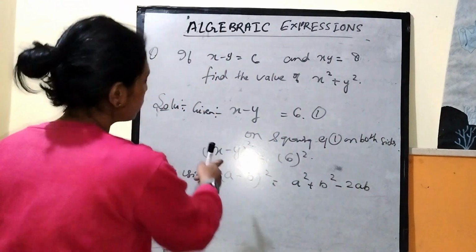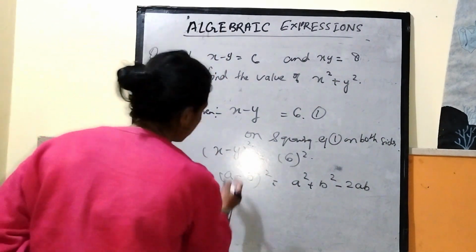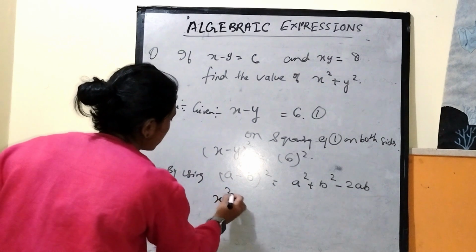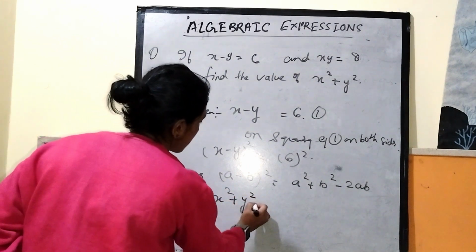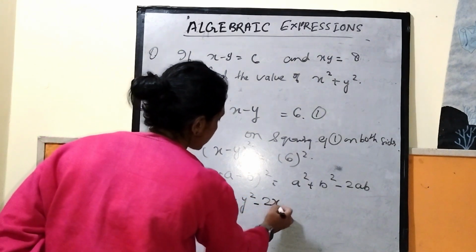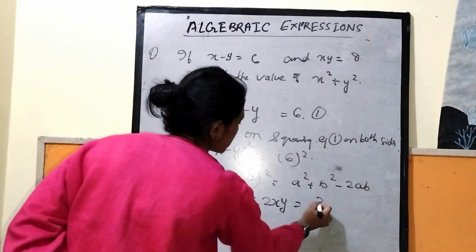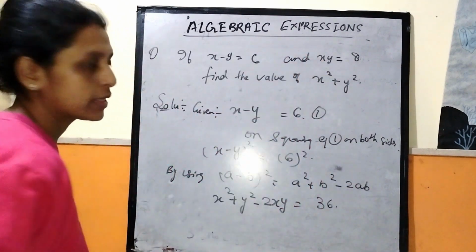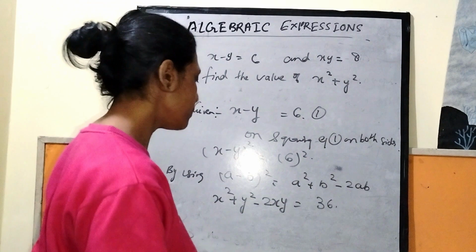The same will be applicable here, so it will be x square plus y square minus 2xy equals 36, because the square of 6 is 36.